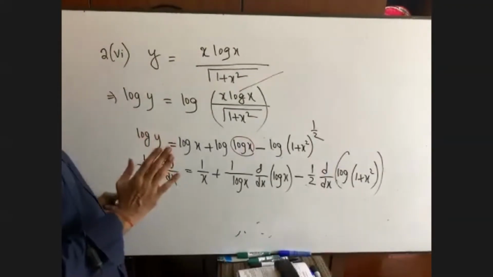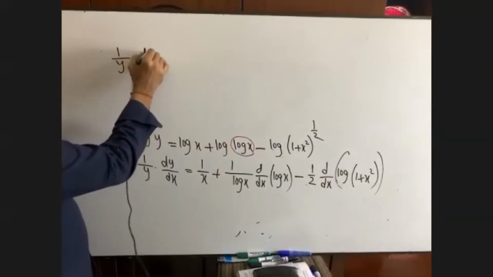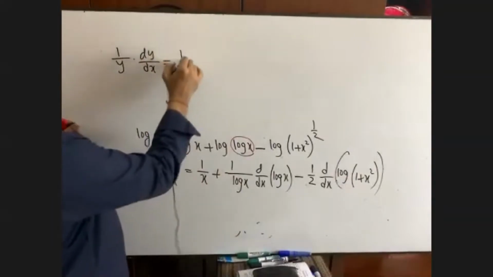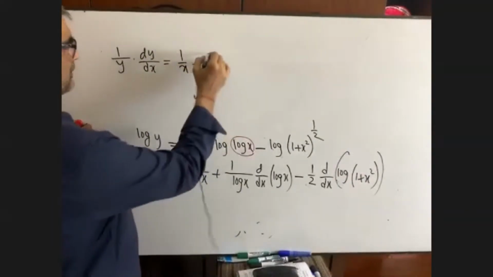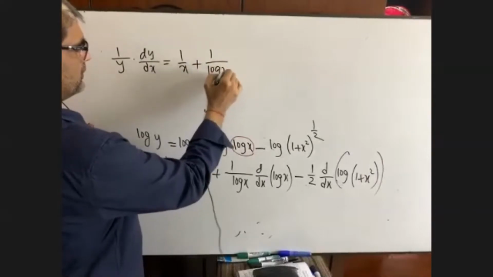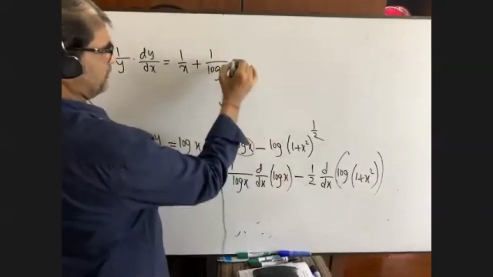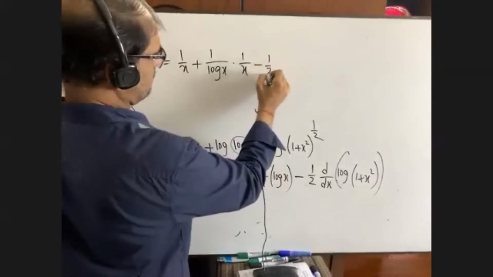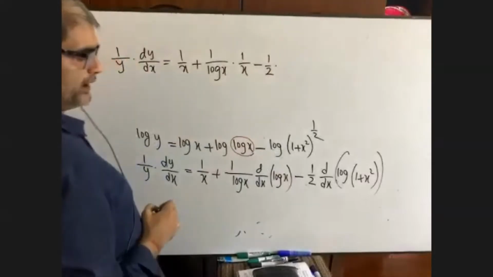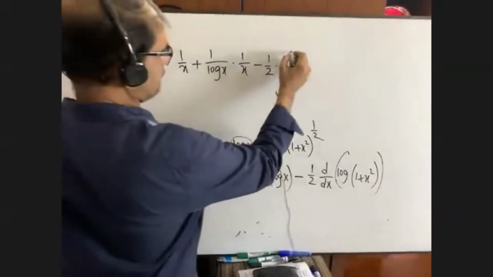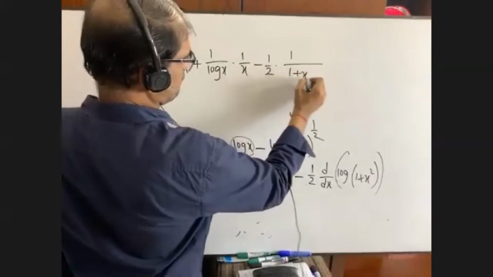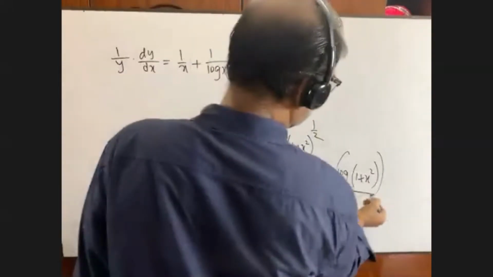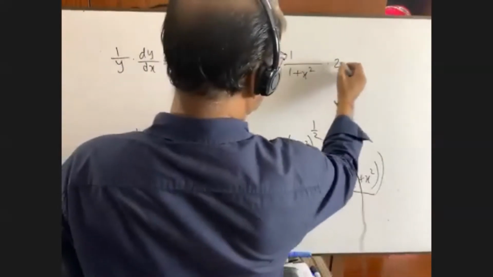For ln, you write down 1 by y, dy by dx is equal to 1 by x plus 1 by log x. It is log x, same formula, 1 by x. It is minus half. Log x means what? 1 by x. And it is to be again differentiated. If we differentiate it, then we will get only 2x.